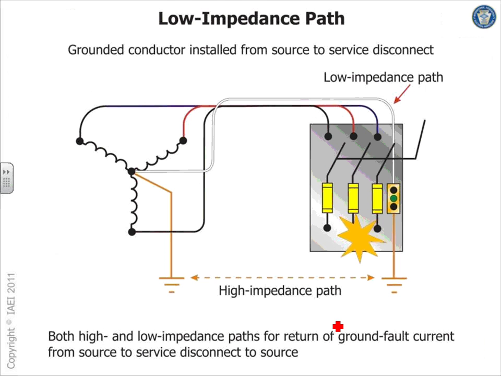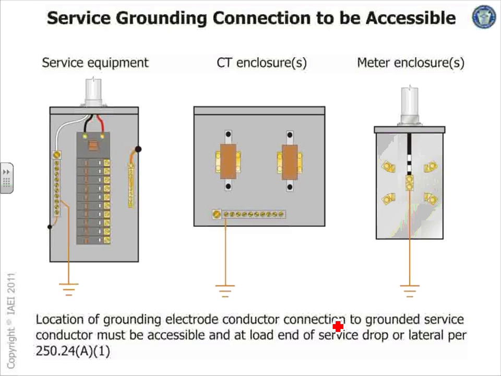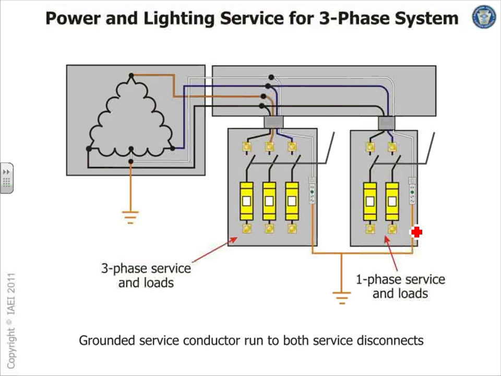I'll show you. So we have an example. So grounding, we talked about these. So what they're saying, guys, if you have, we do this all the time. You bring a gutter and you bring your service conductors and you tap them and you go from one disconnect to another. The code requires you to bring the neutral to every disconnect and bond it to the enclosure of every disconnect. Yes, we're talking about service.